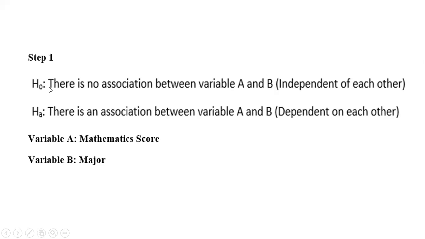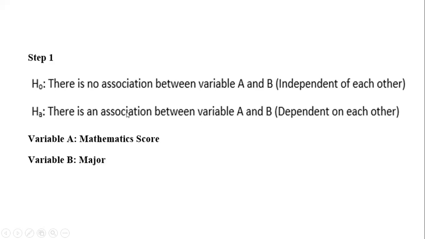The one that is saying no association is called H0, and the one that is saying there is an association is called HA, because the name of the test is for no association. So the H0, which is the status quo, will be saying no association, or independent of each other.